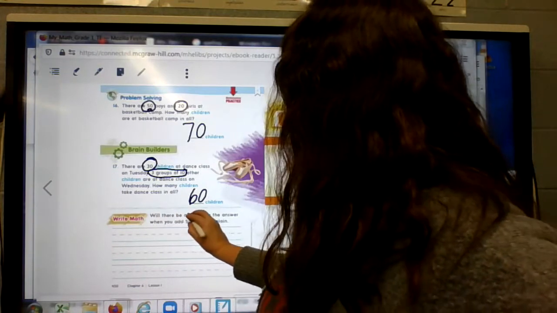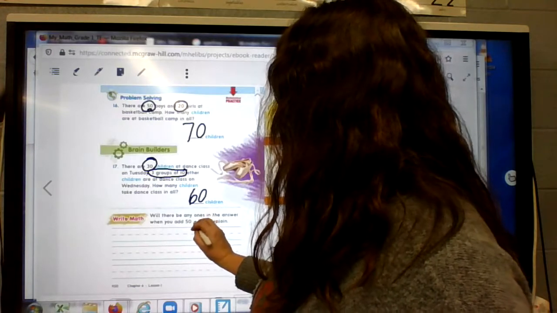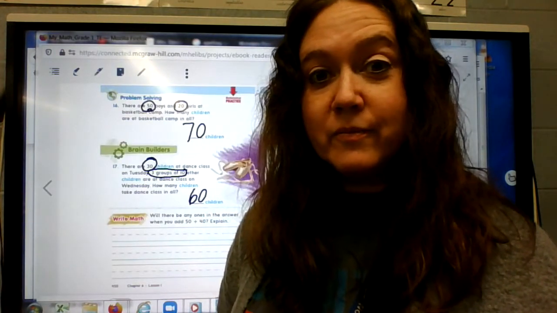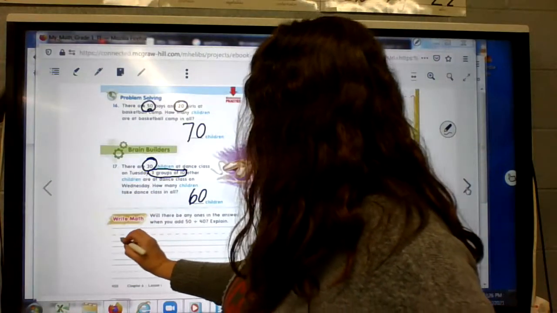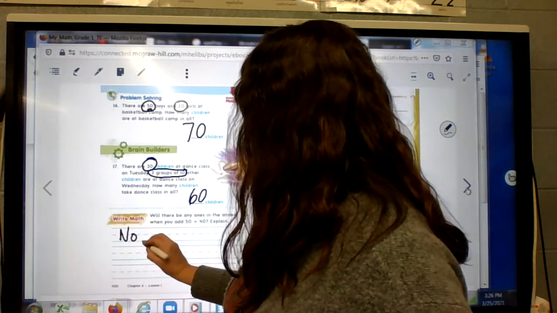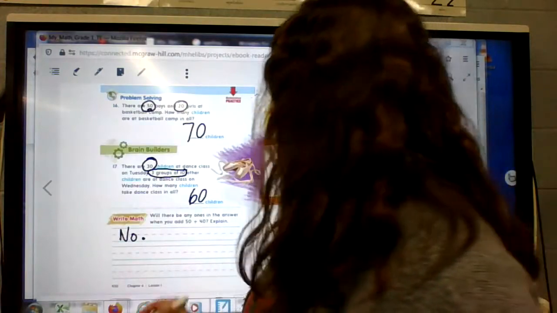Okay, will there be any ones in the answer when you add 50 plus 40? Are there any ones with 50 plus 40? No, because there's 0 and 0. So we're going to say no, period. Even though that's not really a sentence, we're still going to put a period.